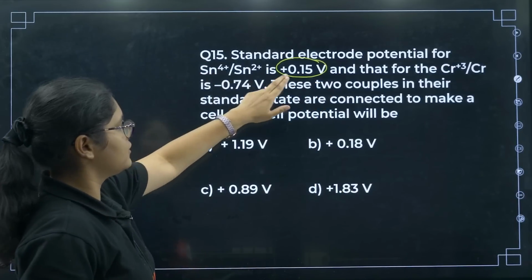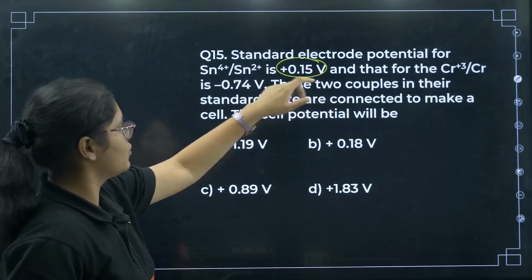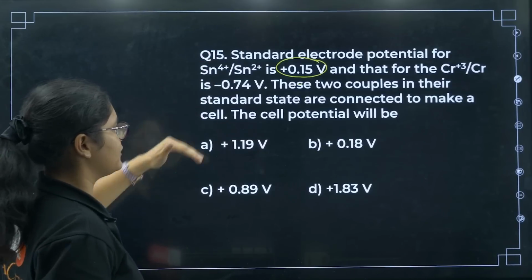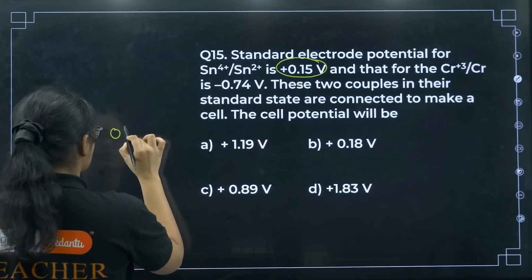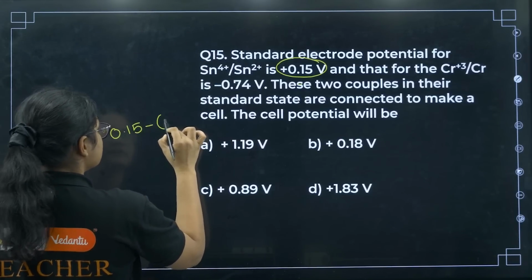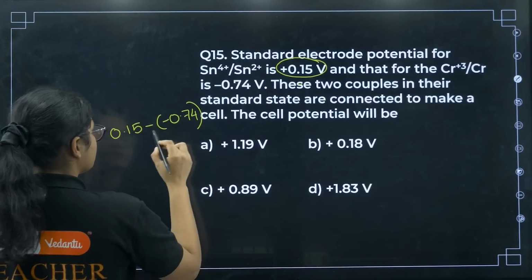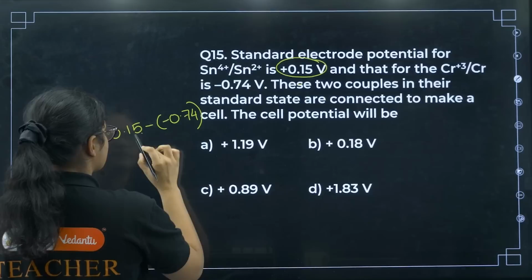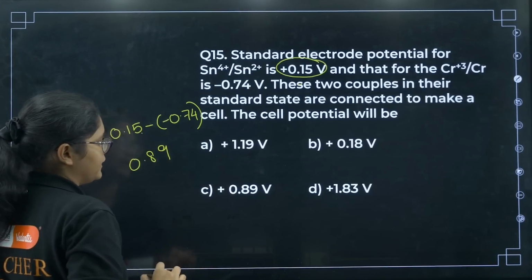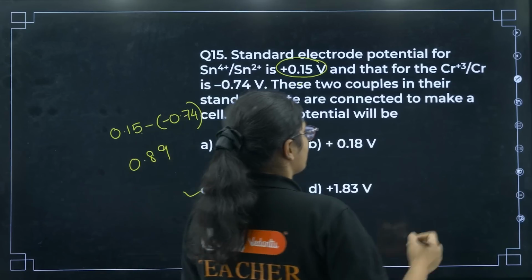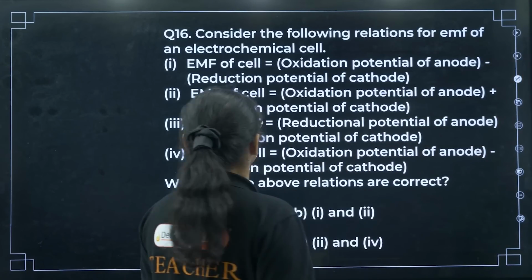So here Sn reduction potential is higher and chromium reduction potential is less, right? So cathode minus anode, I can have 0.15 minus 0.74. So what I will get, 5 plus 4 is 9, 7 plus 1 is 8, 0.89 volt, that is option number C here.